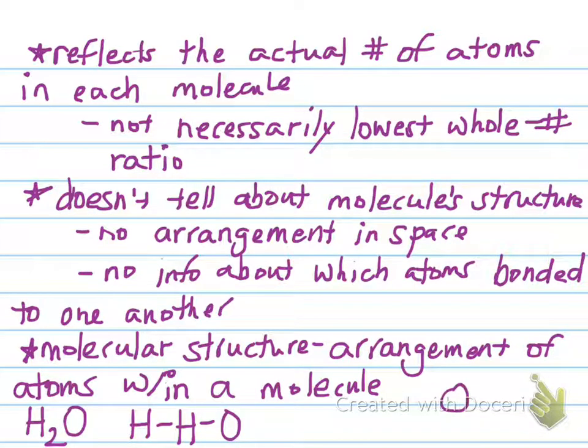Water is an oxygen connected on two different sides to hydrogen. But this is the molecular formula for water, and it doesn't give you any information about which atoms are bonded to which atoms. So that's sort of a problem with a molecular formula.